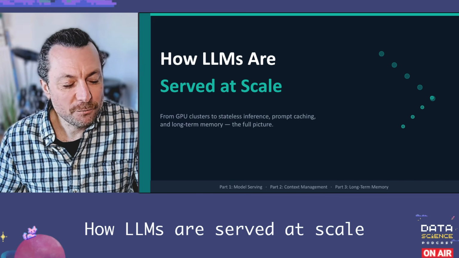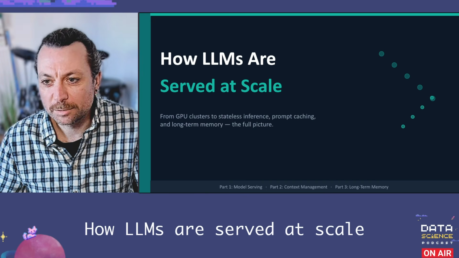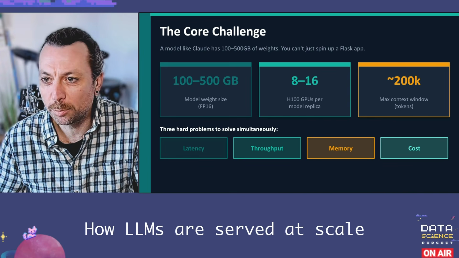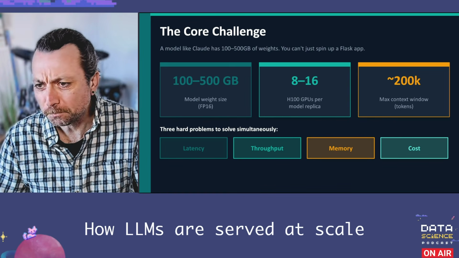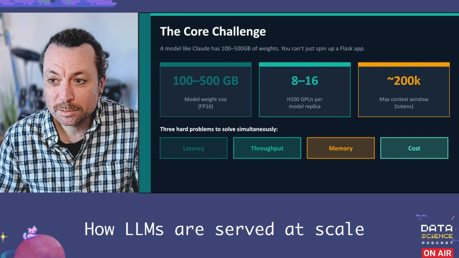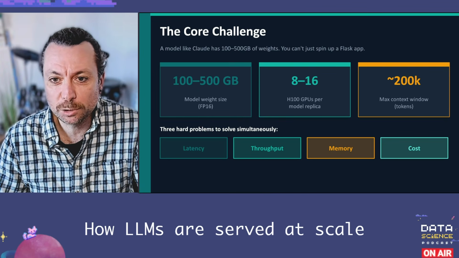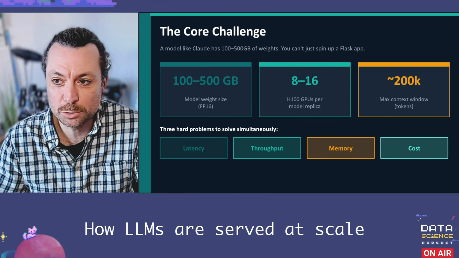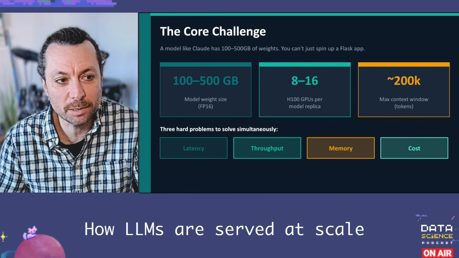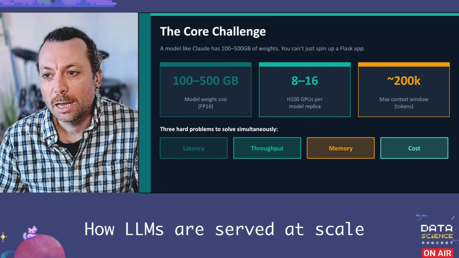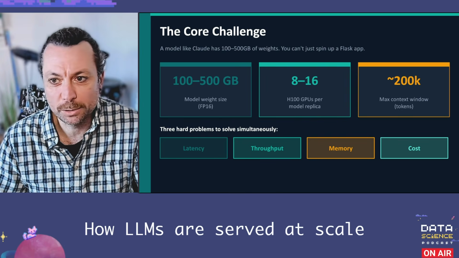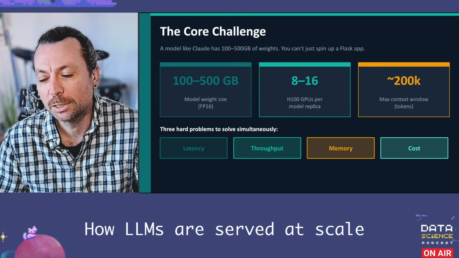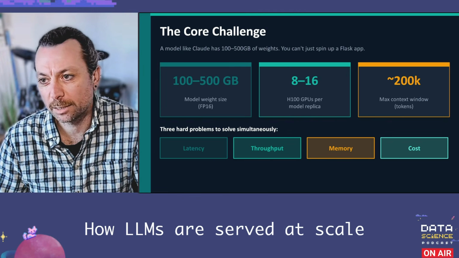Well, the very first thing that we have to know is a bunch of numbers, which are basically these ones. So the typical model weight size in floating point 16 bits is in a range between 100 and 500 gigabytes of space, depending on, of course, which model you are chatting with or which AI assistant you are using for your tasks.